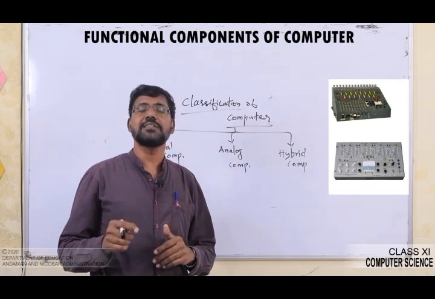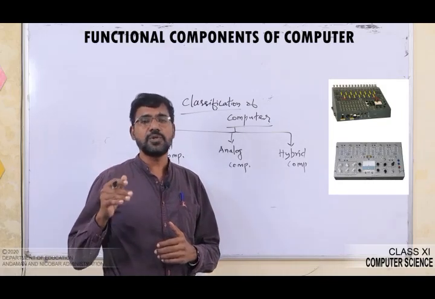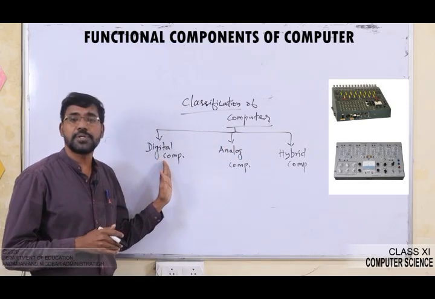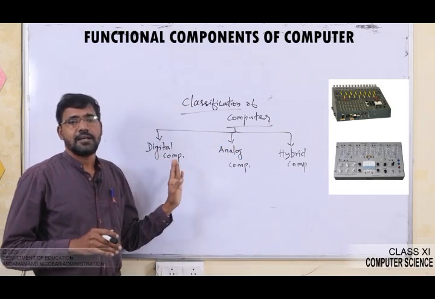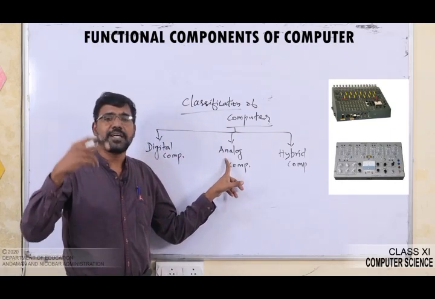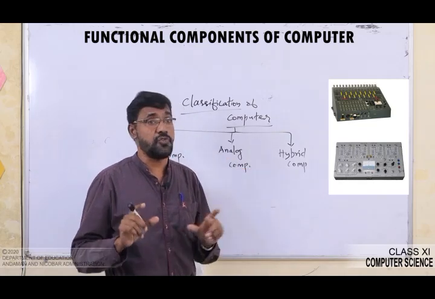Since it measures the change in mercury level continuously, although the accuracy of an analog computer is less compared to the digital computer, it is still used to process continuously changing physical quantities, especially when the response to change is fast.